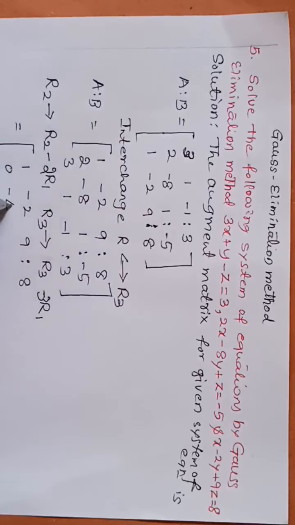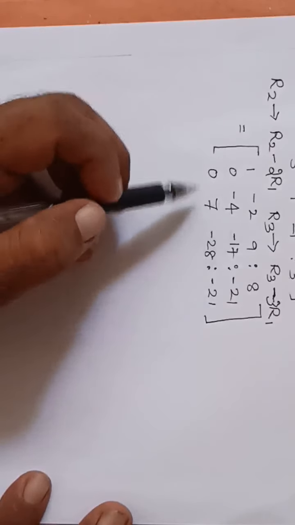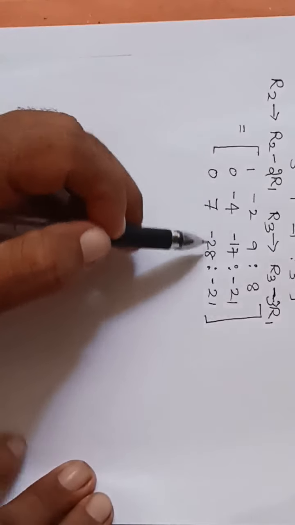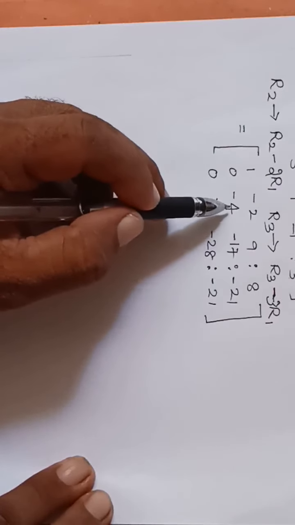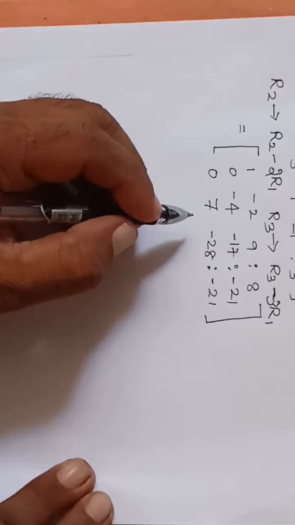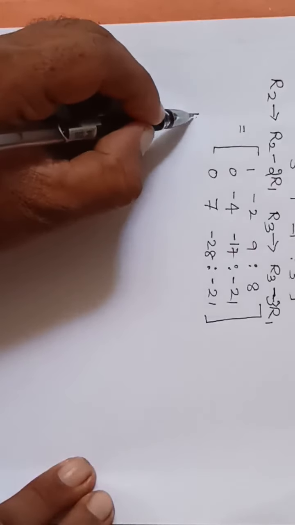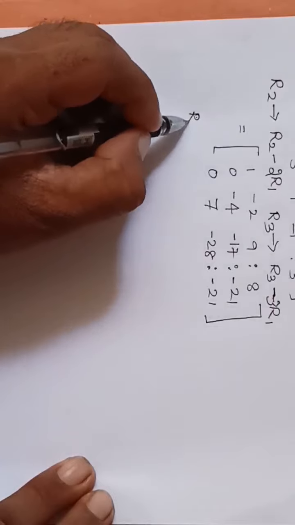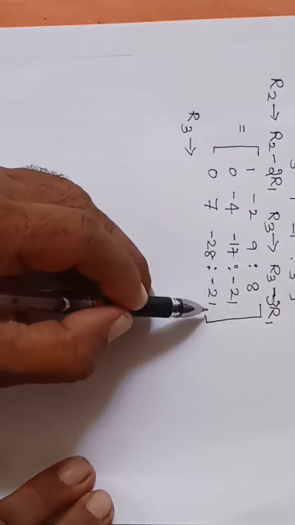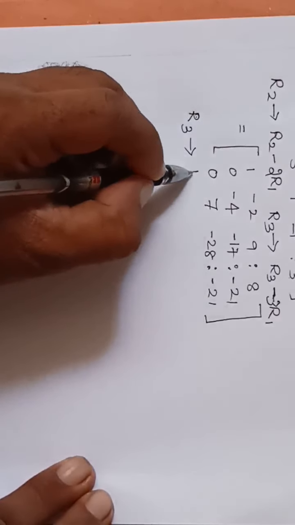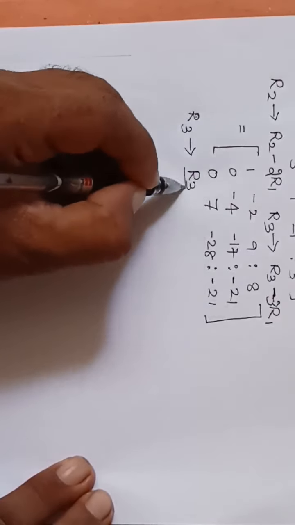Next we need to change this one number. This number is 0, but it is not possible to convert the other entry to 0 easily because 7 and 4 are there, so still we are not getting 0 and a fraction is coming. So we will make one change: these numbers are the same multiples of 7, so R3 divided by 7.